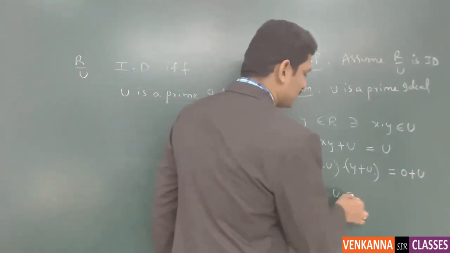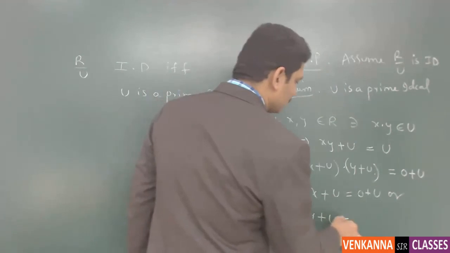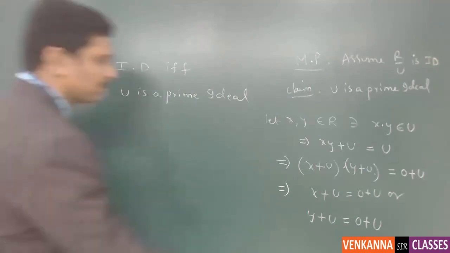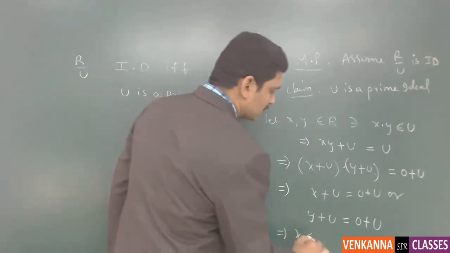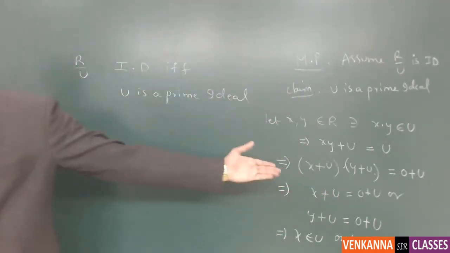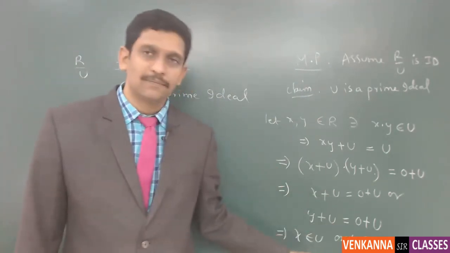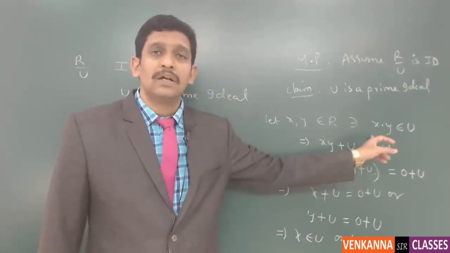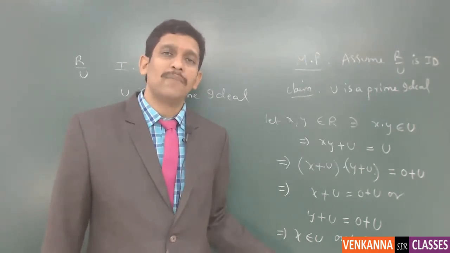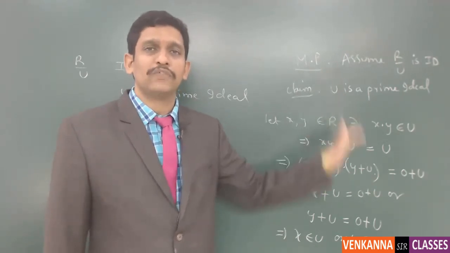So you can say that x plus U is equal to 0 plus U, or y plus U is equal to 0 plus U. From this, you can say either x belongs to U or y belongs to U, because 0 plus U is nothing but U, again applying the same condition of group theory. So you started with the product belonging to U, and here you concluded that one of the elements belongs to U, therefore U is a prime ideal. That is the solution of the main part.